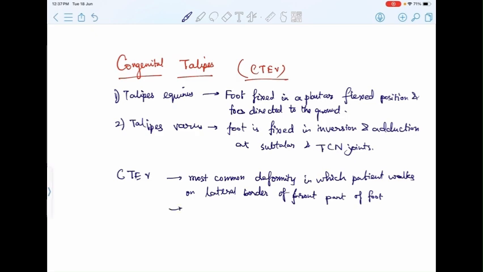Right, may be associated with spina bifida. So this is the CTEV, congenital talus equinovarus.